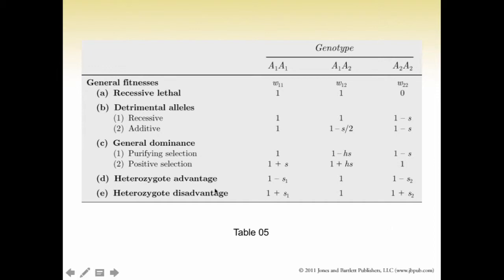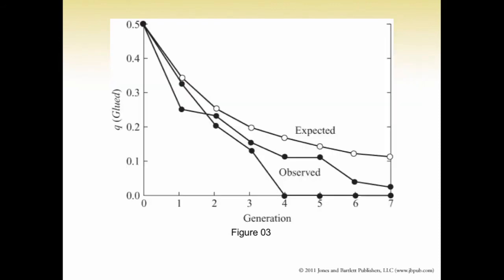There can be different forms of dominance that look a little bit different. So we can use hs to indicate the fitness of the heterozygote, and distinguish purifying selection that removes one allele versus positive selection. And then heterozygote advantage, where both homozygotes are selected against, and disadvantage, where the heterozygote is disfavored relative to both homozygotes.